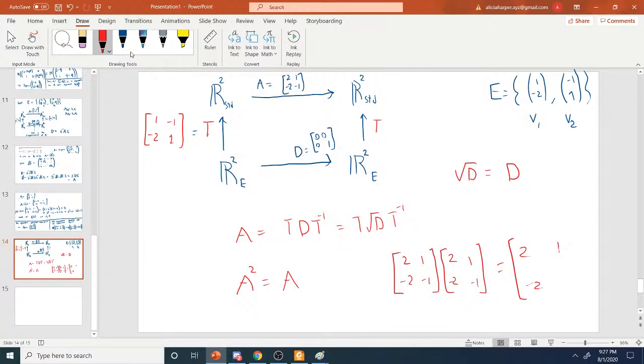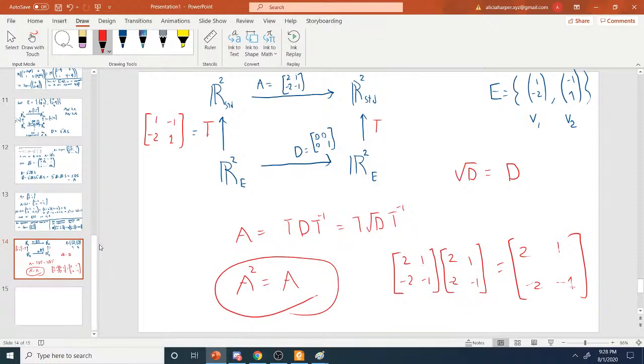If I multiply this by this, I get -1. So in fact, we have that A squared is equal to A. And the reason we were able to figure this out so easily is that the square root of D here was just this matrix 0, 0, 0, 1, and it's very easy to see that the square root of D is simply D. However, we could have done this a little bit differently.